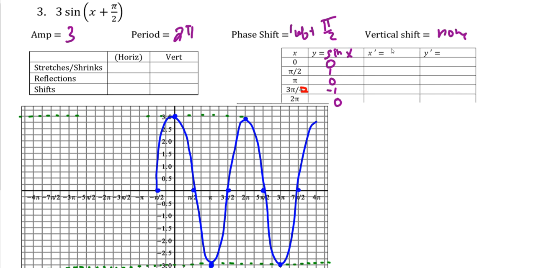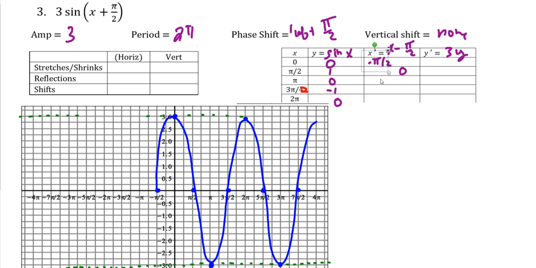So I'm going to do x minus pi over 2. And then here, for y, I'm just going to do 3y. I'm multiplying the y by 3. So when I subtract pi over 2, I'm going to have a negative. You can even look on here. You're just going to have negative pi over 2 right here. And then here, I'm going to end up with a 0.